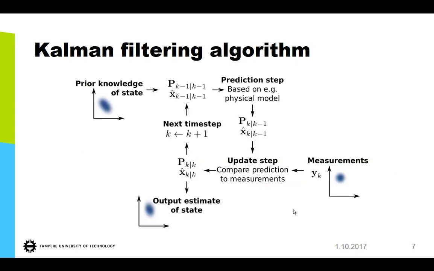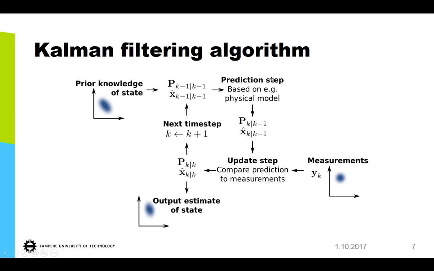Here is a picture of the Kalman filtering algorithm. So first we have some prior knowledge of our state. Then we have the error covariance matrix and x, which is the state model estimate at time step k-1 including k-1 time steps.